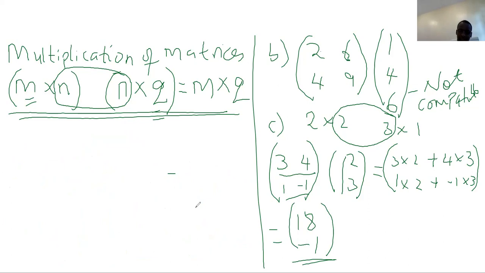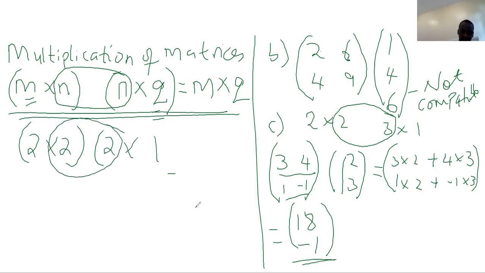So the first matrix was order 2 by 2. Then we multiplied that with another matrix of order 2 by 1 here. So our answer would be 2 by 1. Check. Is our answer 18, negative 1 of order 2 by 1?